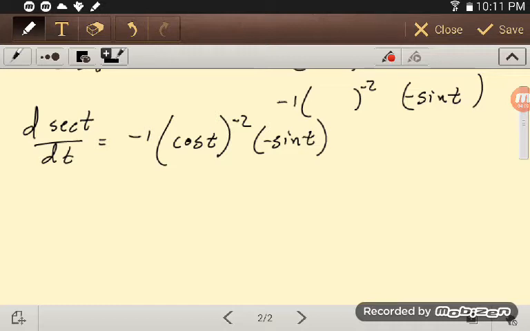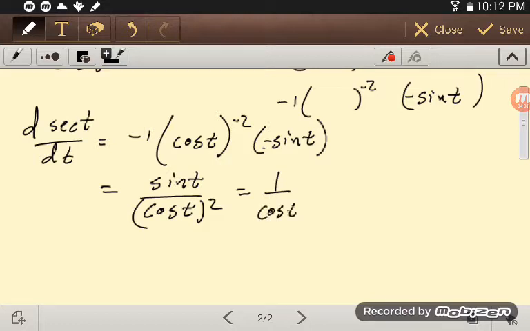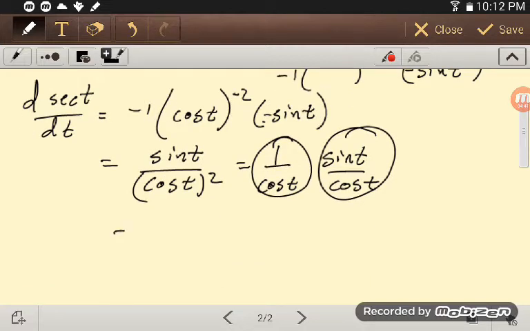And so we take care of the negatives, that makes a positive, and so we have sine of t over cosine of t squared. And so if I write that as 1 over cosine of t times sine of t over cosine of t, then that is the secant function, and that is the tangent function. And so this is secant t tangent t.